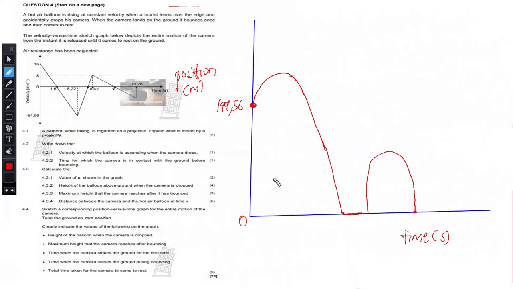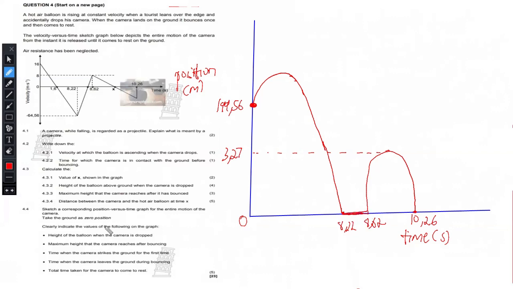At this point, we can see that it's the 8.22. And then here, it's the 8.62. And then right here, that's the 10.26. And then what was the height that was reached after the bounce? That's 3.27 meters, right? Okay, so basically that's just that.